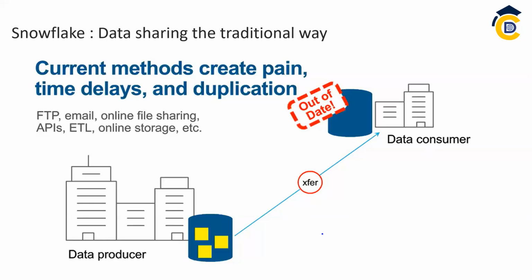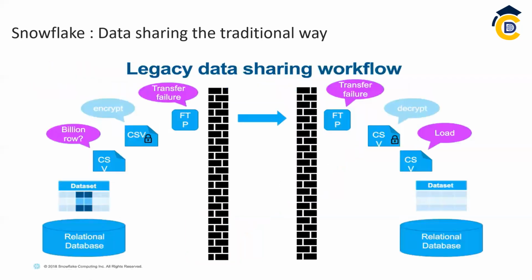So this is a traditional way, which is also currently being used. If you see this, there's a relational database, there'll be a data set, and there'll be billions of rows. You need to encrypt it, and then you transfer it through FTP, SFTP, and it will come to another database here, right?